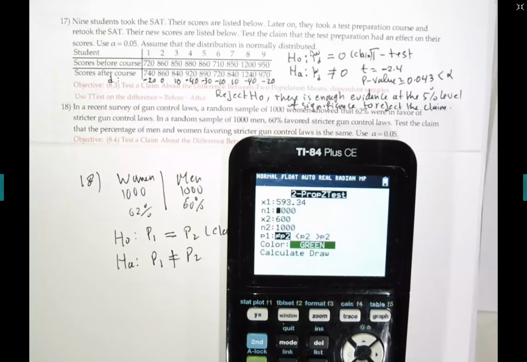So if you get the decimal, guys, just round it. So put 593. Otherwise, you will not be able to proceed with the test. I'll go back to my value, which is 620. Okay, calculate. And I got Z and I got the p-value. Z is 0.92.